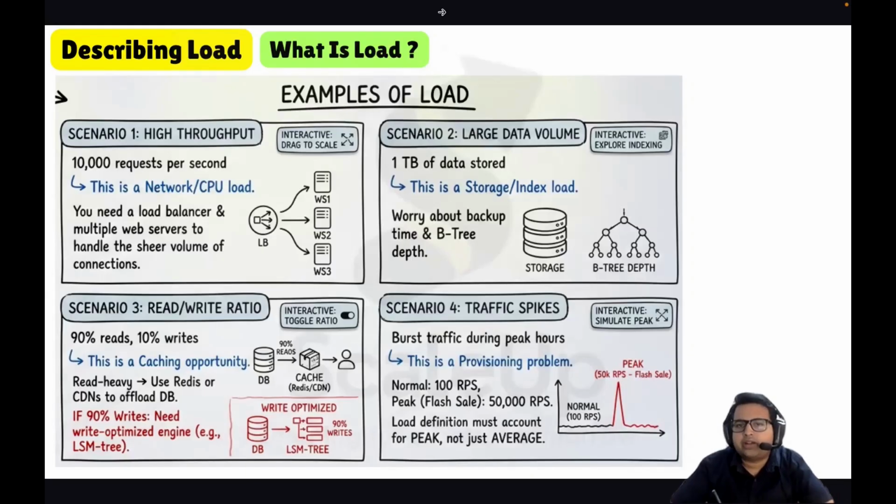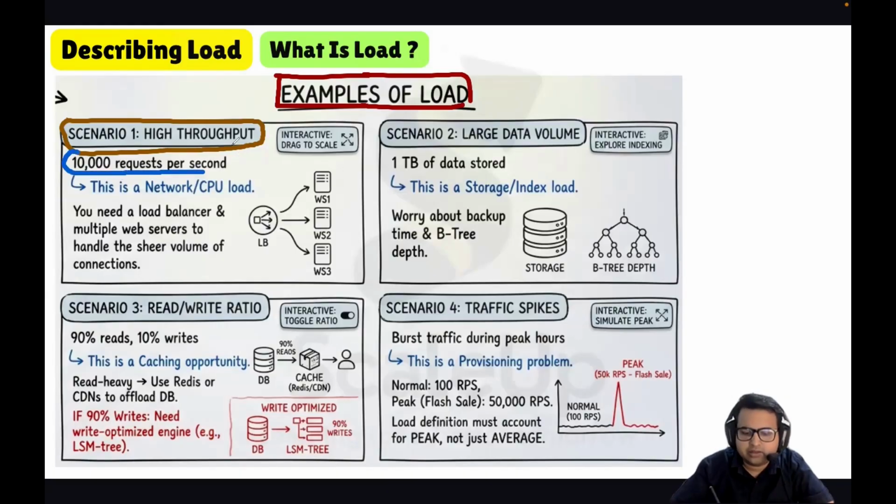Now let us look at some examples of load. Scenario one is high throughput, wherein we are dealing with 10,000 requests per second. This is a network or CPU load.